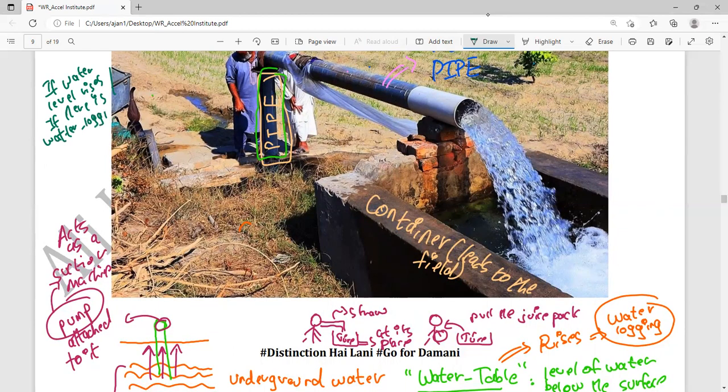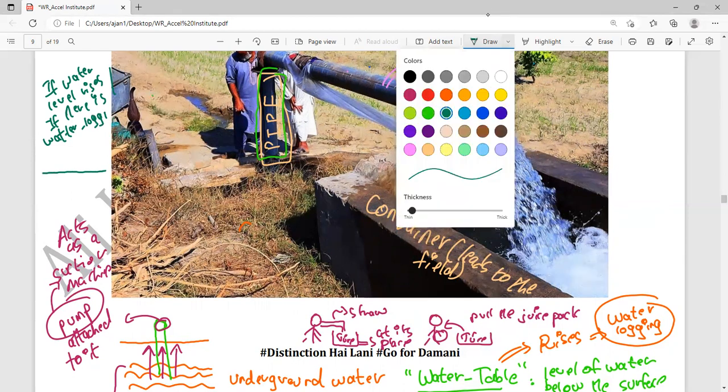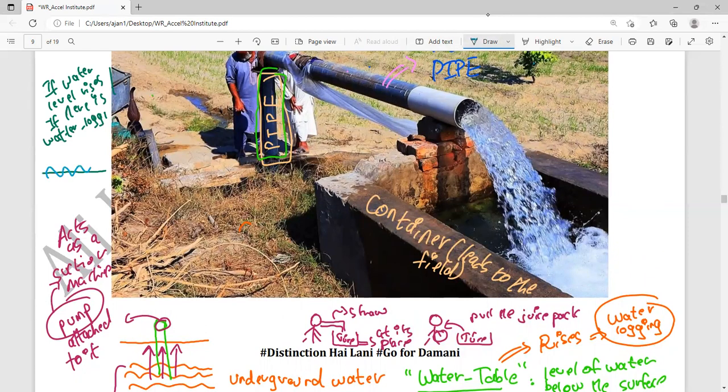So what will happen? This is your surface. If your water has risen, it has come above the surface, and right here you have your sun. Owing to the radiation of the heat, the water will start evaporating.